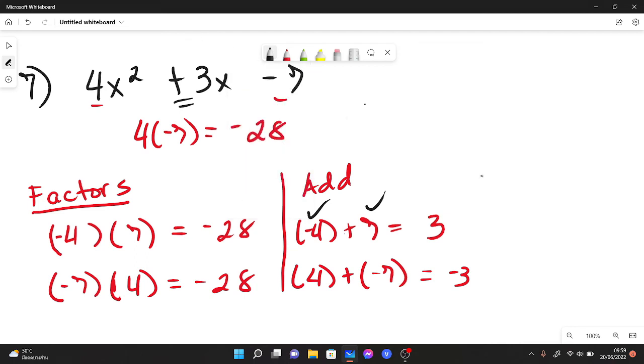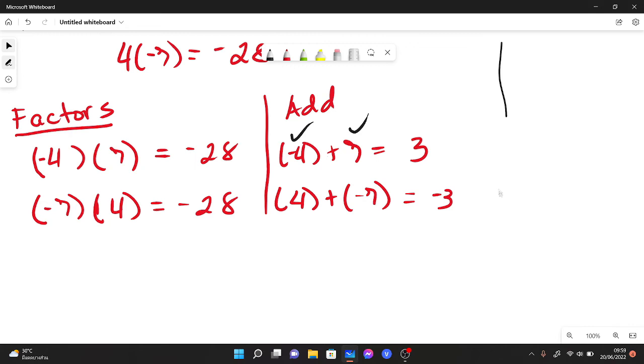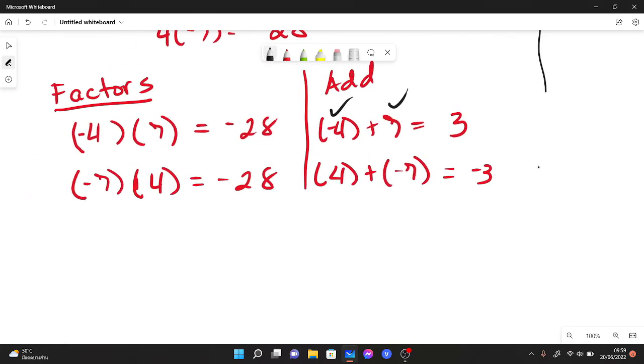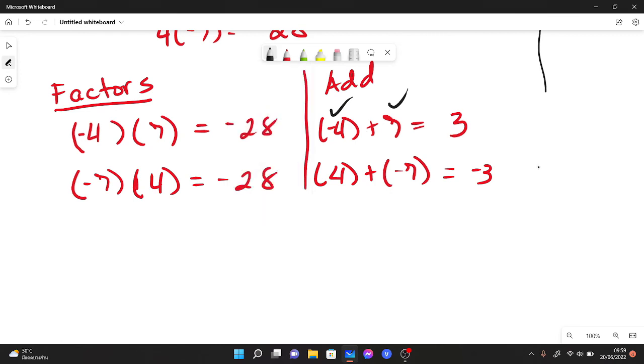Let me just move it up. So the expression is 4x squared, let us use negative 4x plus 7x minus 7. Then group them again into two groups.